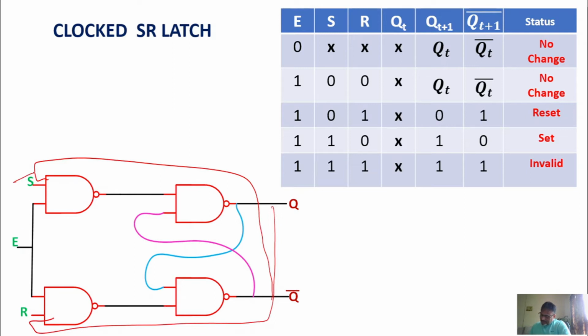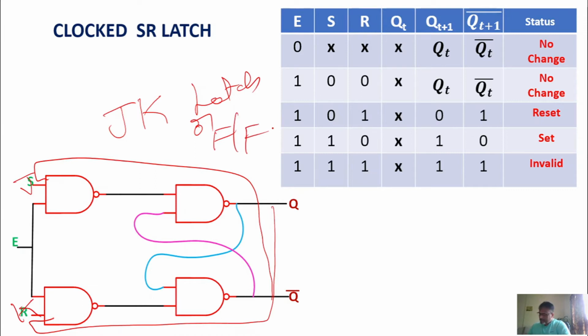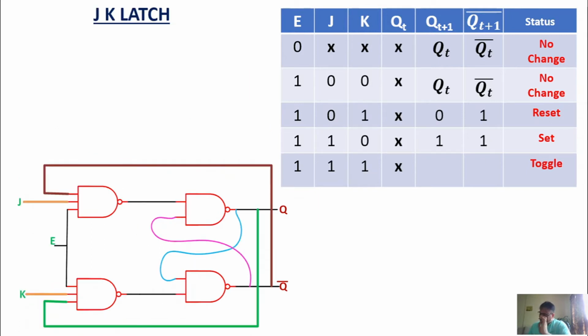And this is changed to J and this is changed to K. Now definitely this has become a JK latch or flip-flop. That is what is shown here. This is the complete JK flip-flop. Now let us understand its working principle.